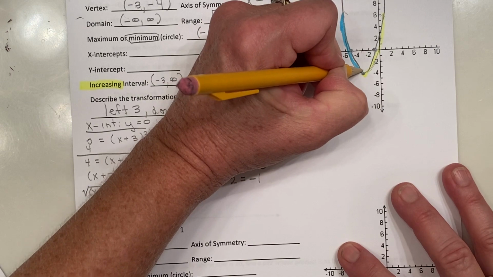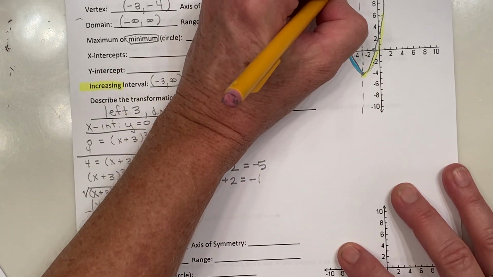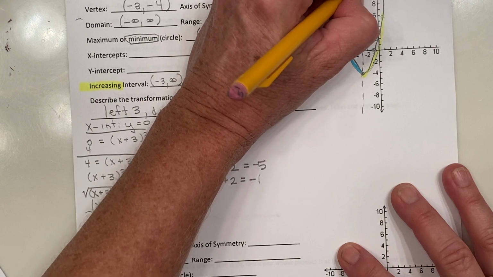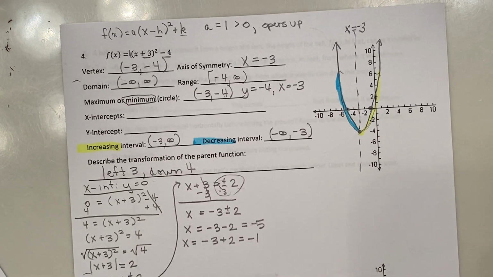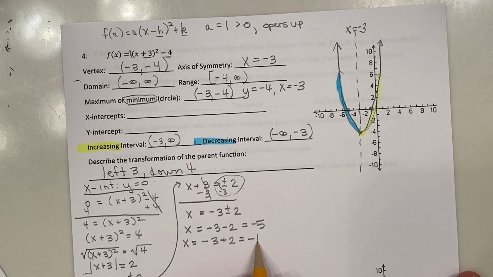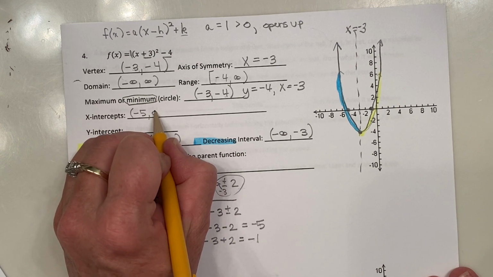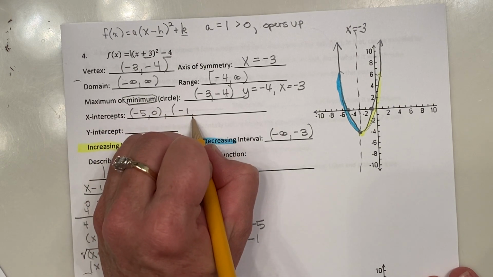Oh, and I meant to dash in the axis of symmetry, and that would be x equals negative 3. Okay, so reporting x-intercepts, these are the solutions or the zeros or the roots, but to report them as x-intercepts, remember it'd be (-5, 0) and (-1, 0).